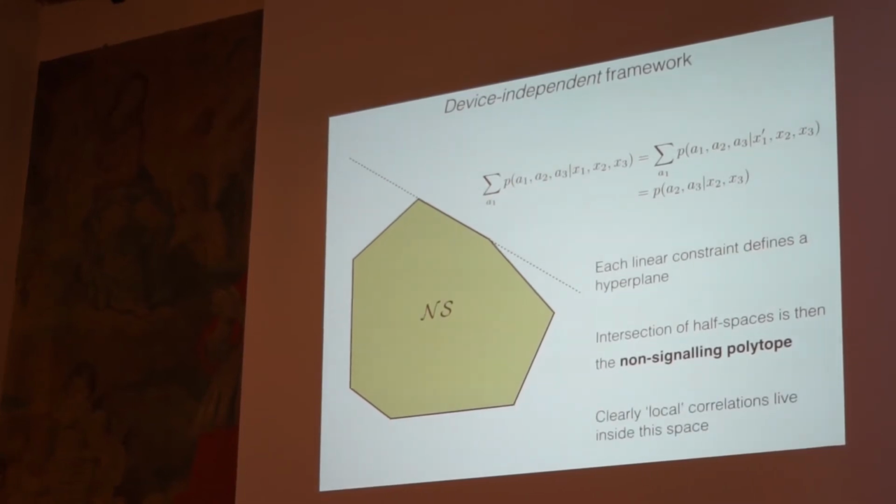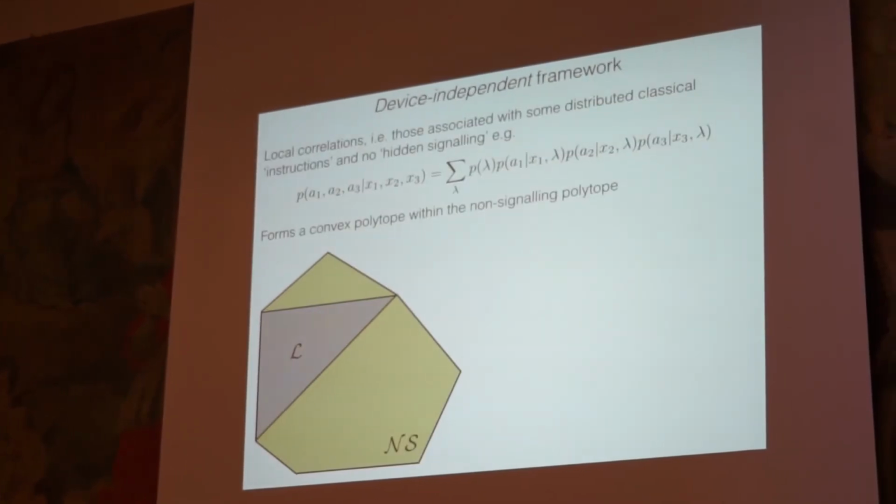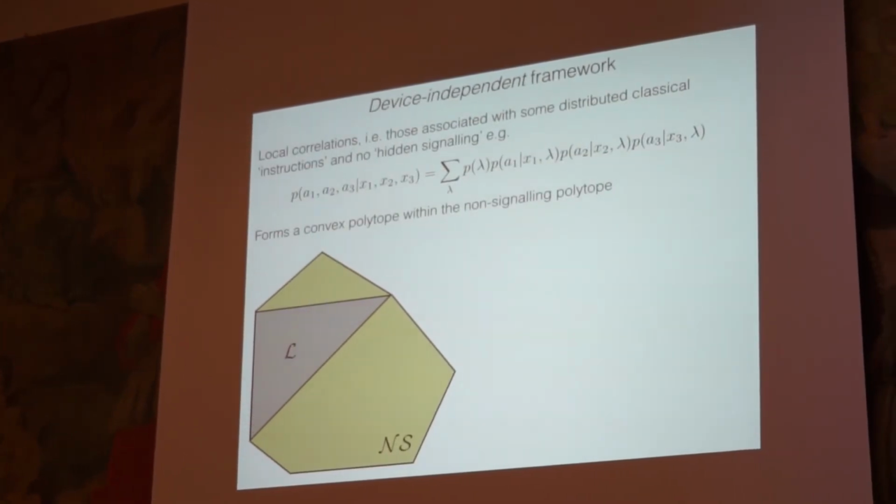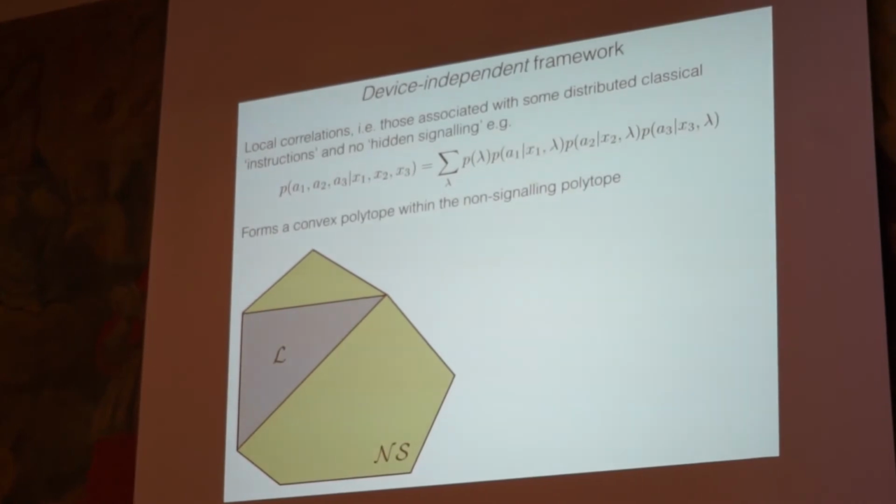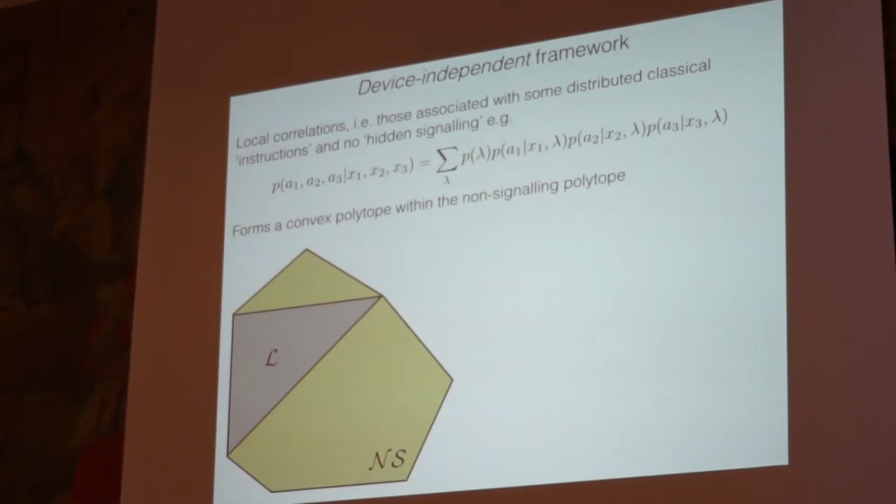So clearly local correlations live inside this space. We think of the local correlations as those that are associated with some distributed classical instructions, and then no hidden signaling between these classical devices.